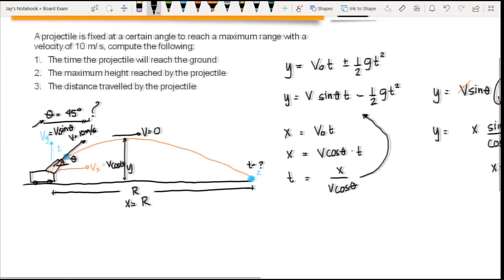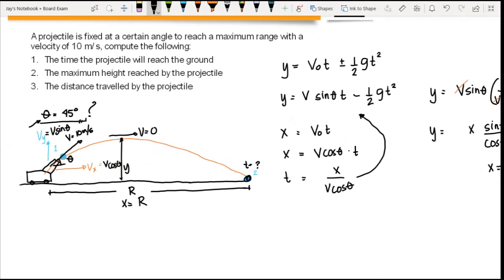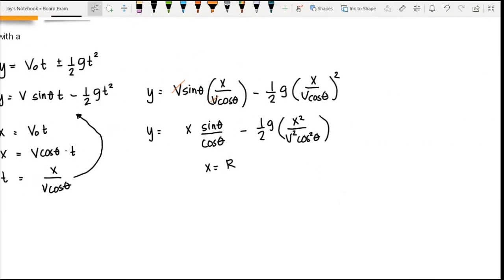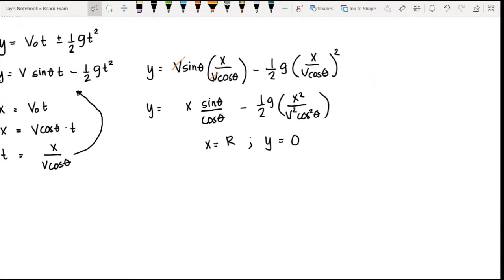Now when x is equal to r at this point, we can say that our y is equal to 0 because the object is on the ground. So that means when x equals r, y equals 0. By substituting the value, we would have 0 equals r sine theta over cosine theta minus 1/2 g r squared over v squared cosine squared theta.